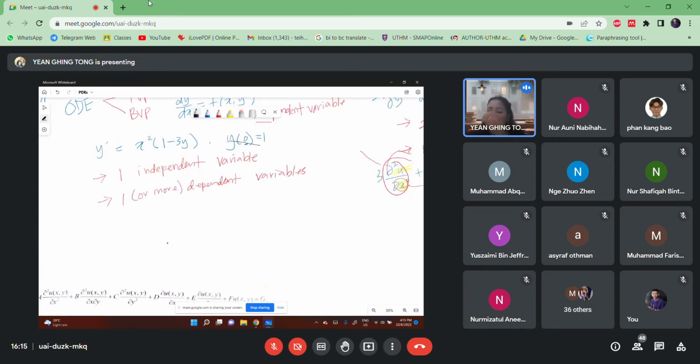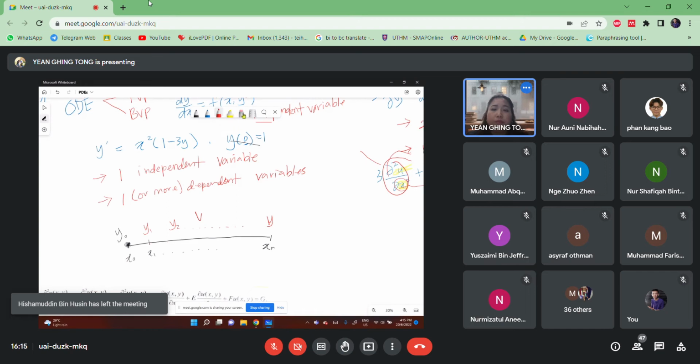if the equation is given and we have the values of x, x0, x1, until xn, and for an initial value problem y naught is given, then we have to find the values of y1, y2, and so on until yn. It only exists in one axis, because we only have one independent variable, that is x.